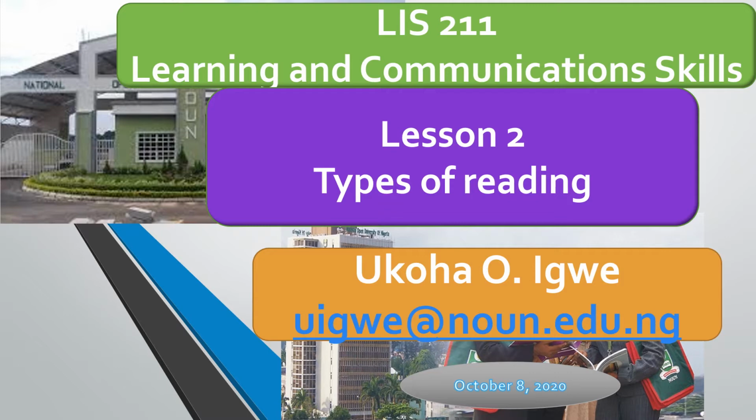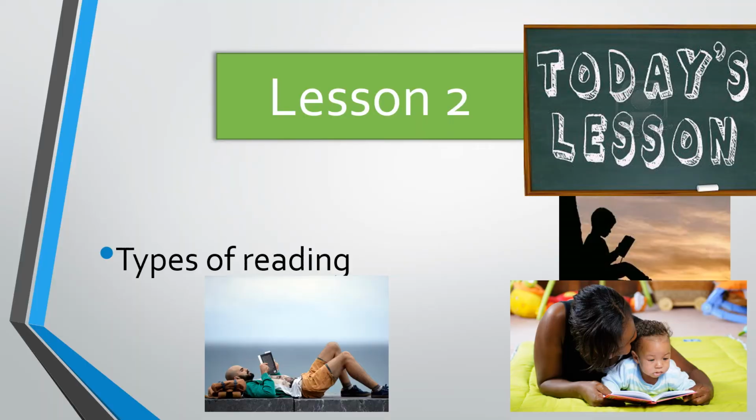Today we're moving on with our lesson on learning and communication skills. We're taking lesson 2, types of reading. Why do you read? What do you read? What are the various types of reading that you engage in?